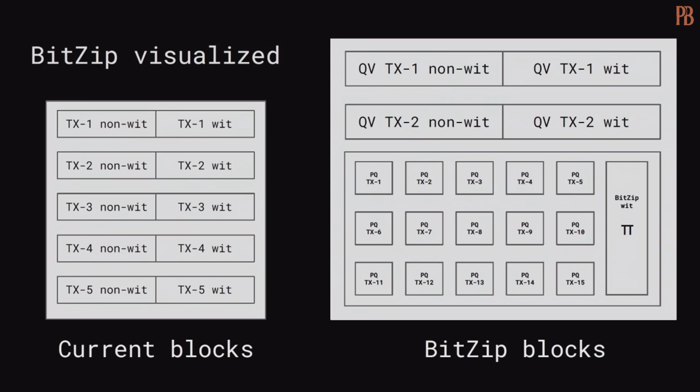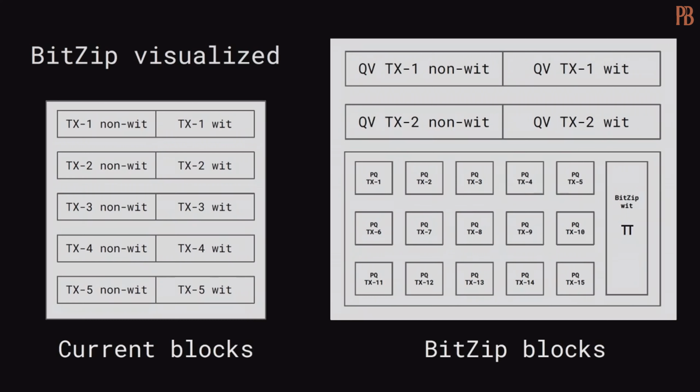It's an implementation detail. But we add this second part of the block which actually contains all of the post-quantum transactions. And we have the non-witness data represented by the smaller blocks, and then we have this single BitZip witness, which is a proof that all of these transactions are valid.